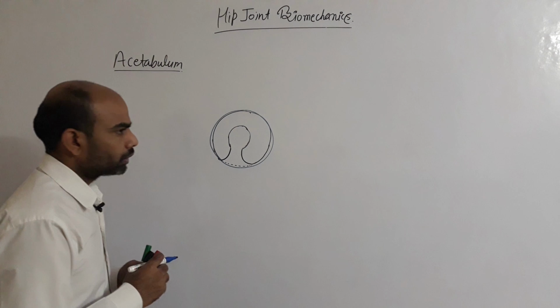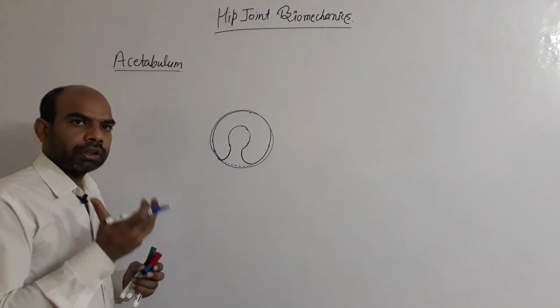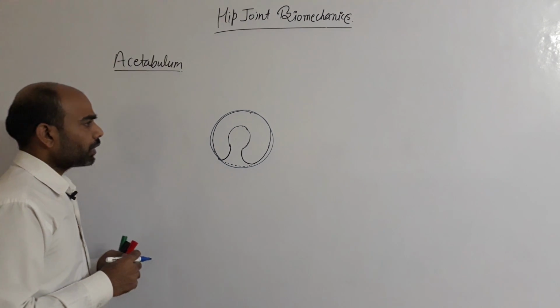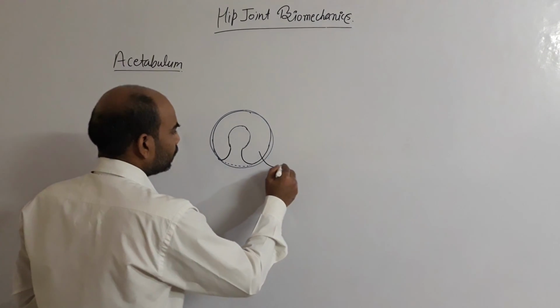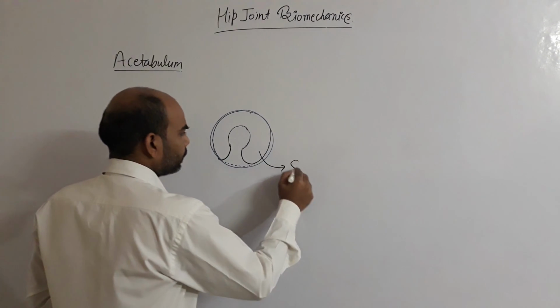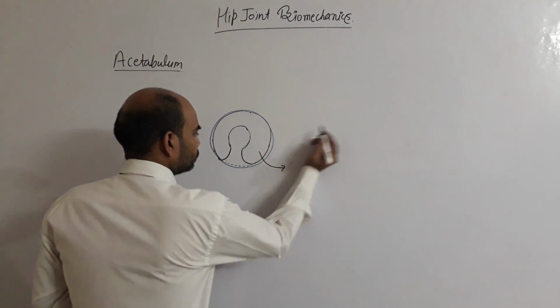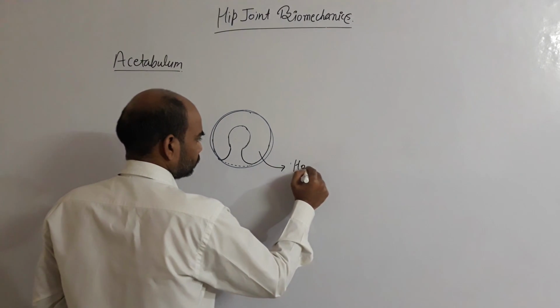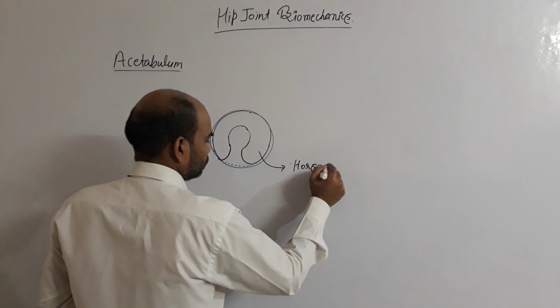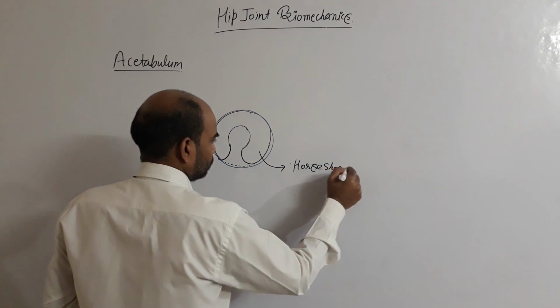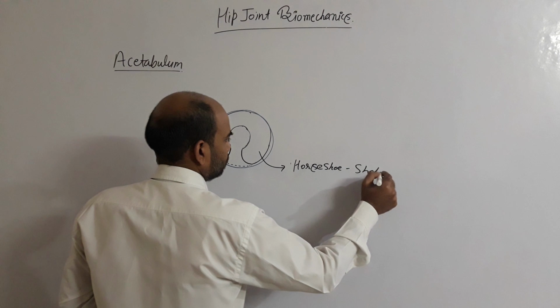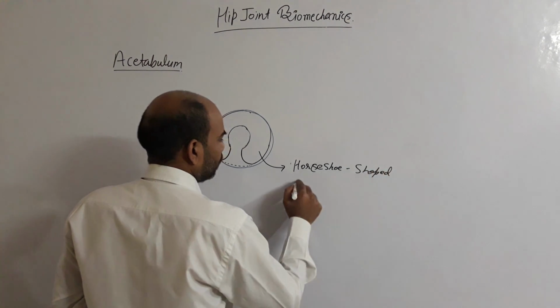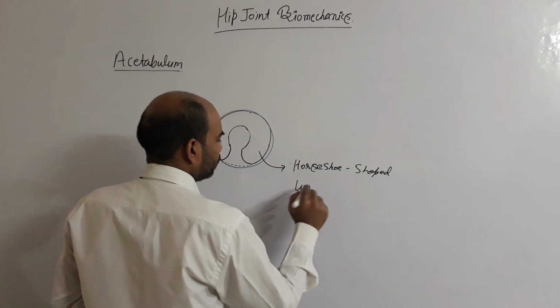It increases the depth of its cavity. The acetabulum has two parts. The outer is the horseshoe-shaped lunate articular surface.